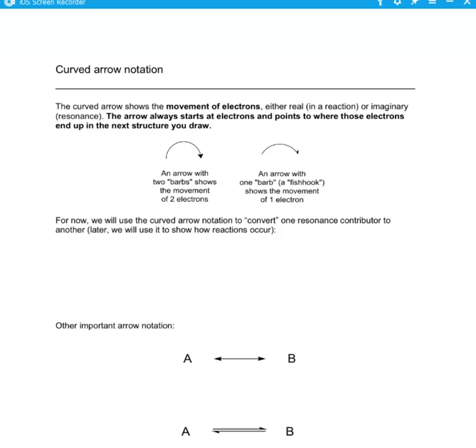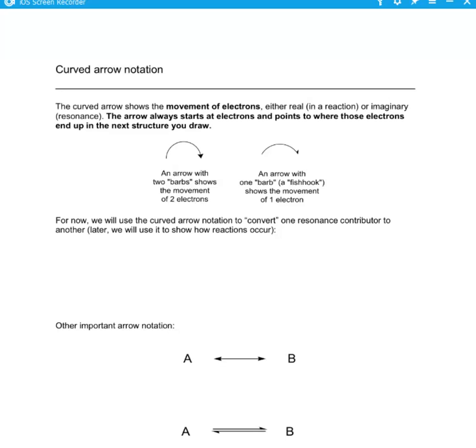Or an imaginary movement of electrons can also be depicted using this curved arrow notation. When we think about imaginary movement of electrons, that's when we're thinking about resonance. So I'll get into what I mean by imaginary in a little bit. But for now, let's just get the hang of these arrows.